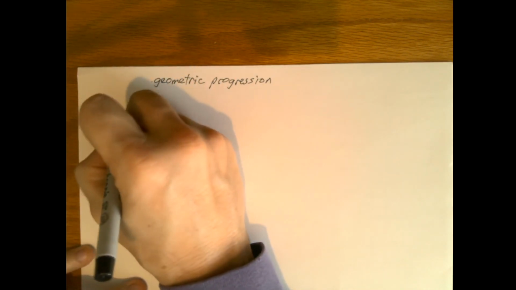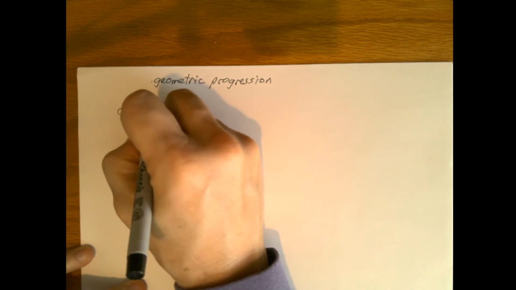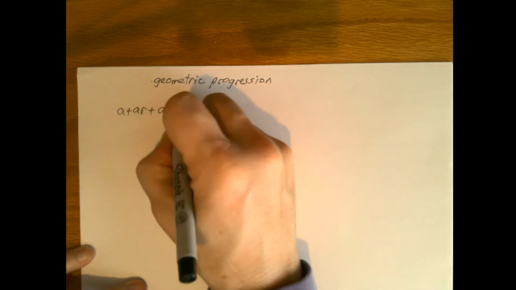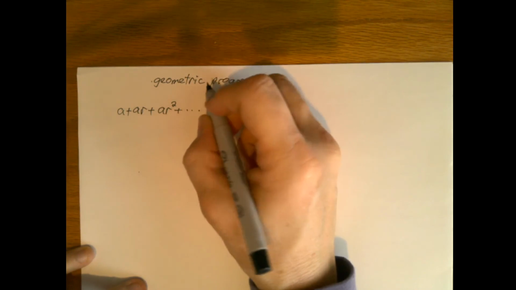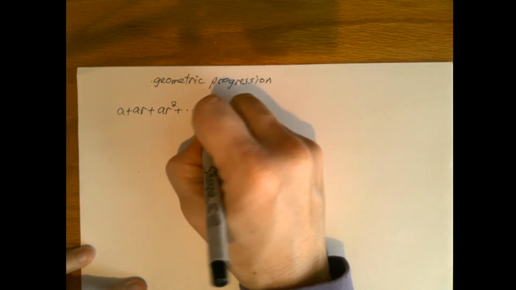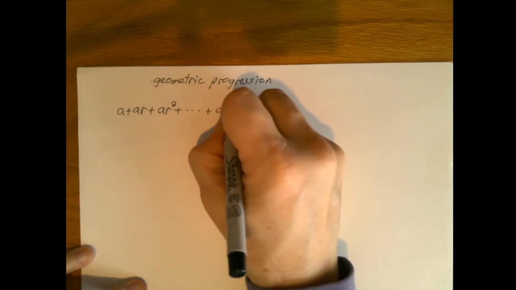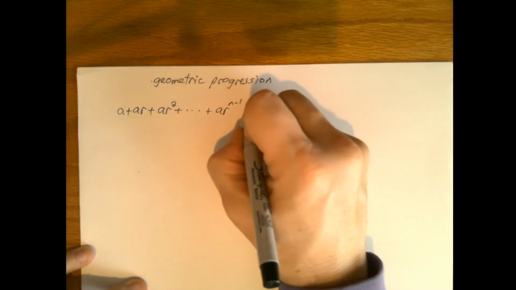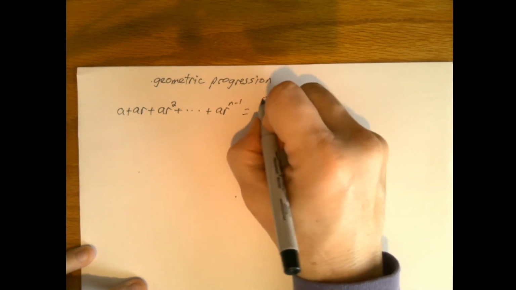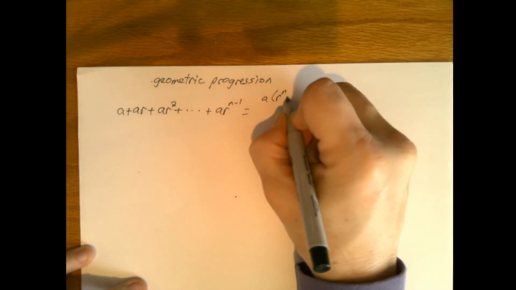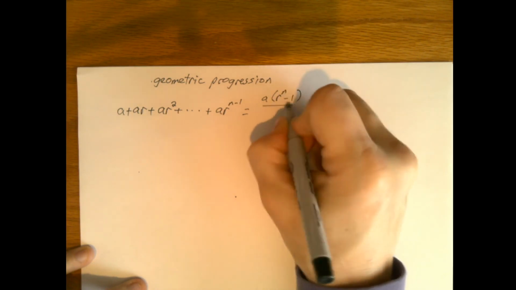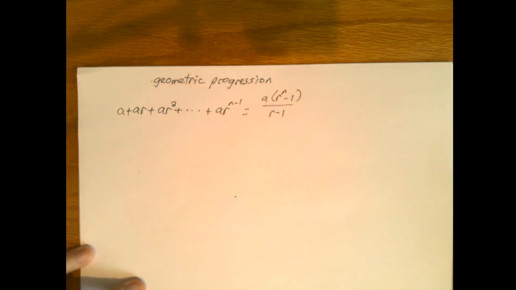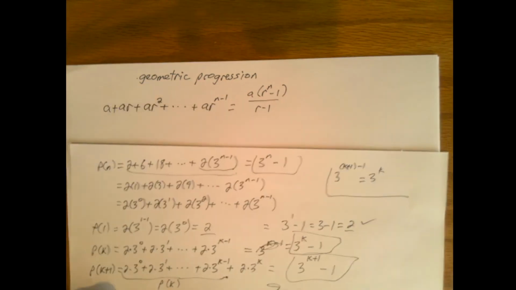If I have a plus ar plus ar squared plus dot dot dot plus ar to the n minus 1 power, that's equal to a times r to the nth power minus 1 over r minus 1. So how's that the same thing as what we had here?